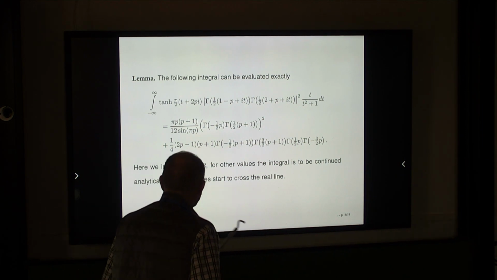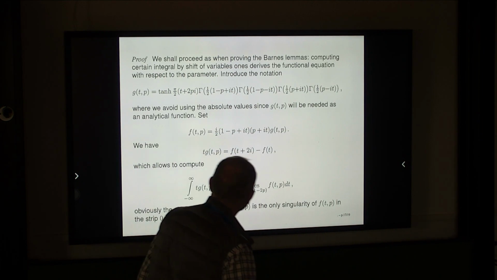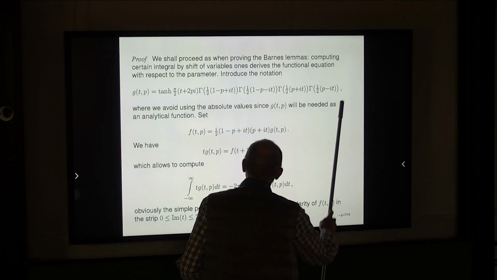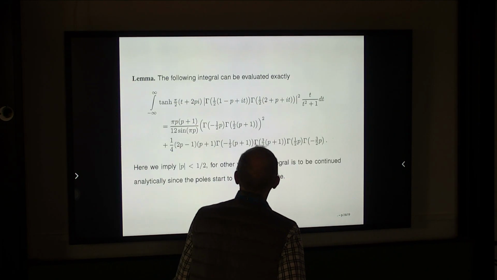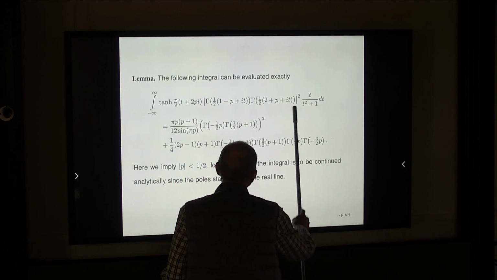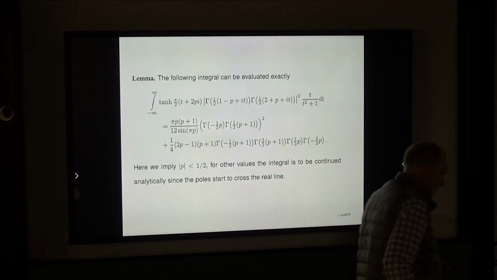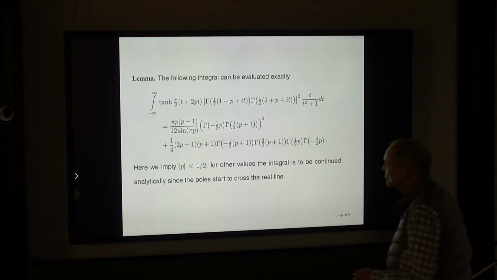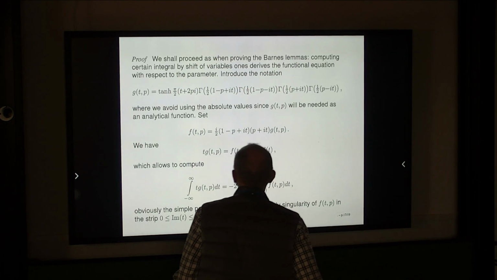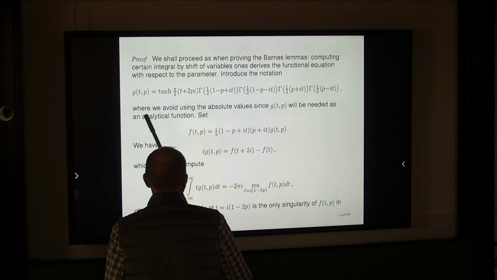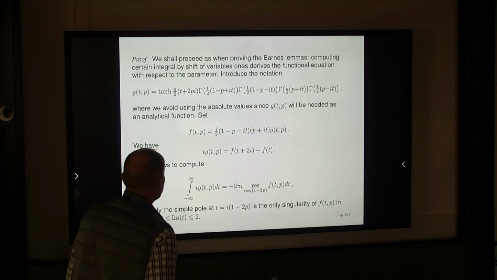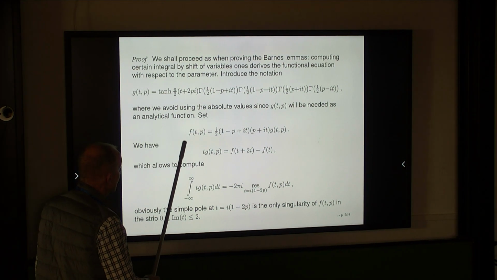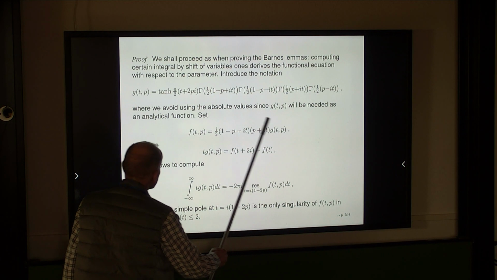Let's denote this product of gamma functions by G. This is a thing which I had in here, but because I will continue analytically, I don't like the absolute values. So introduce this function, and now consider such a function f.